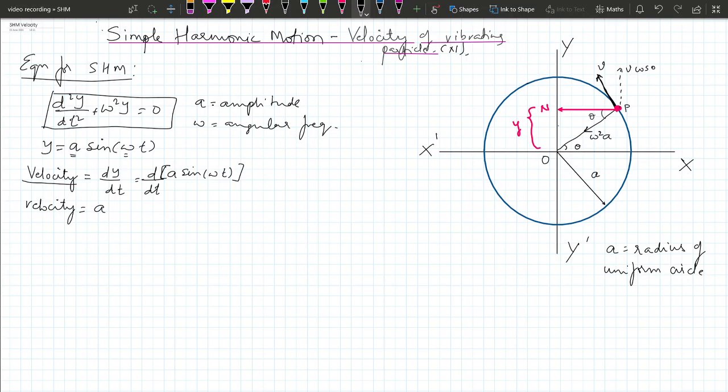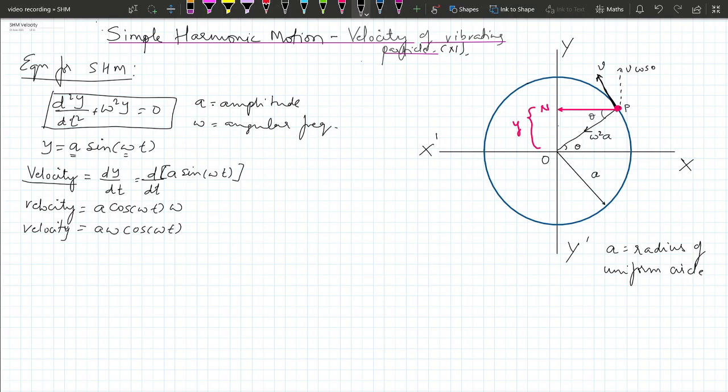If I differentiate sine omega t, it will give cos omega t. Differentiation of the argument will give you omega, so therefore it is a omega into cos of omega t. So this is the equation for velocity of a particle which is executing simple harmonic motion.